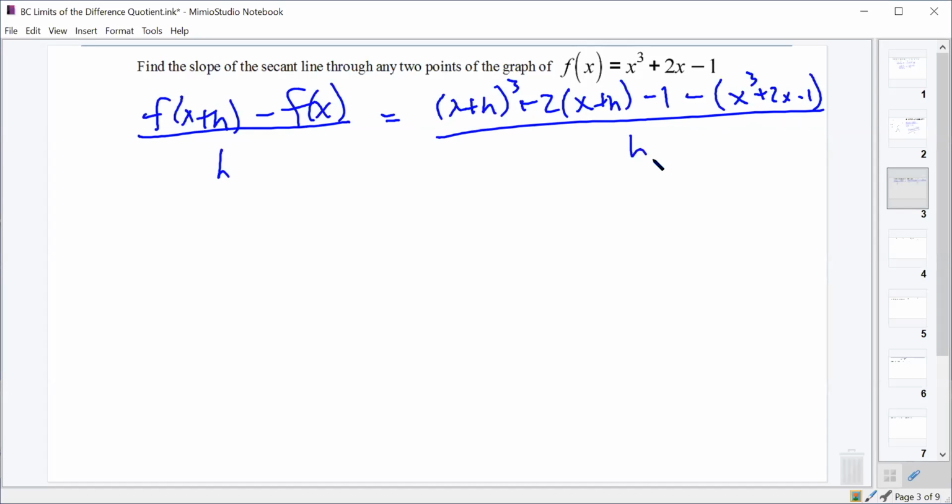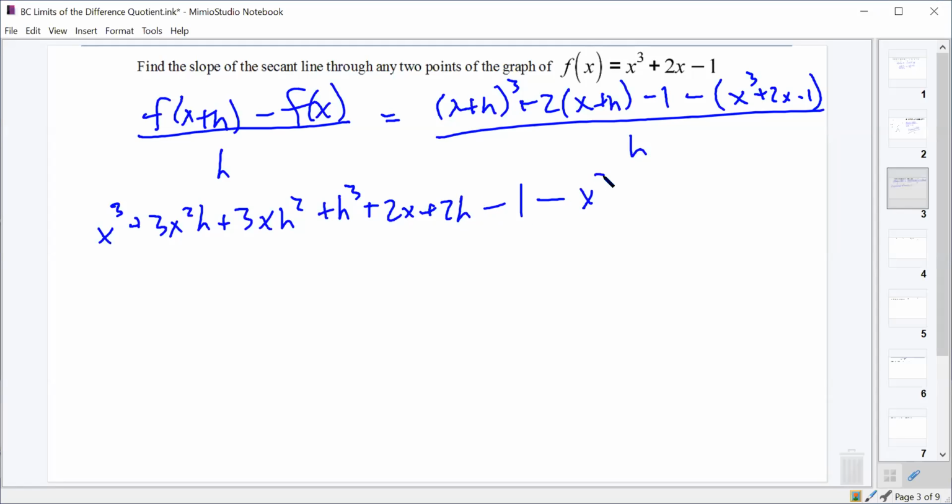Everybody good with that so far? Okay, and then we'll expand it out and simplify. So x plus h cubed using the binomial theorem gives us x cubed plus 3x squared h plus 3x h squared plus h cubed plus 2x plus 2h minus 1, and then minus x cubed minus 2x plus 1, all over h.